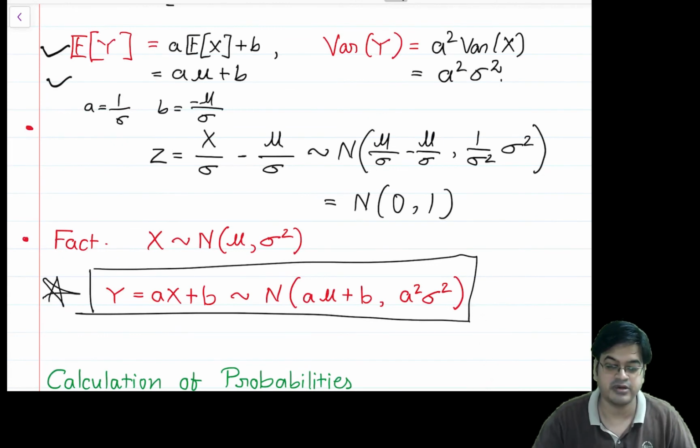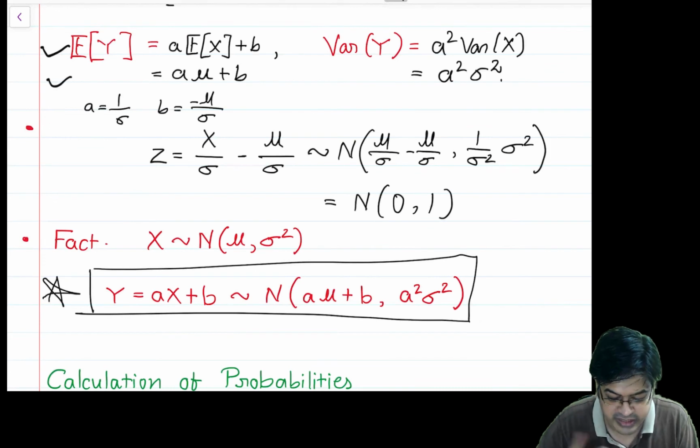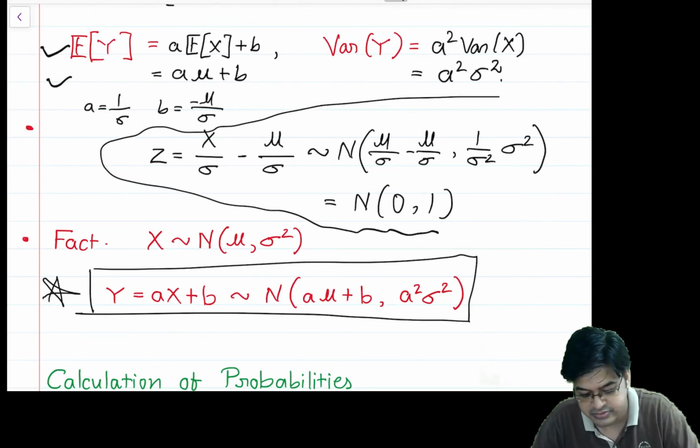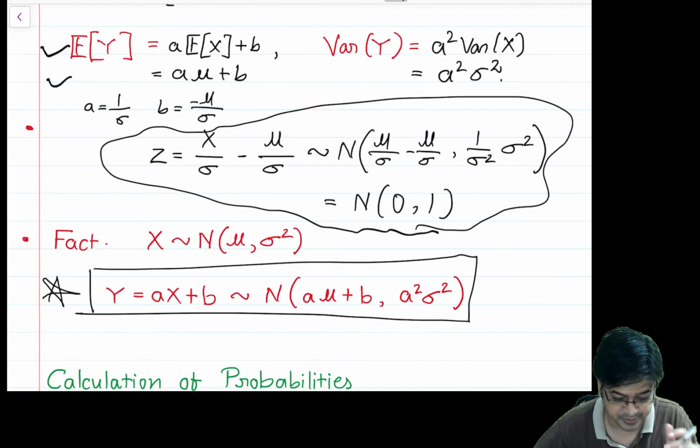Will the problem be solved if I give you a table for the normal distribution? Yes, because give me any random variable x with any mean mu and variance sigma square, I can use this particular transformation to convert it into a standard normal random variable. This is the beauty which is possible only with normal random variables.